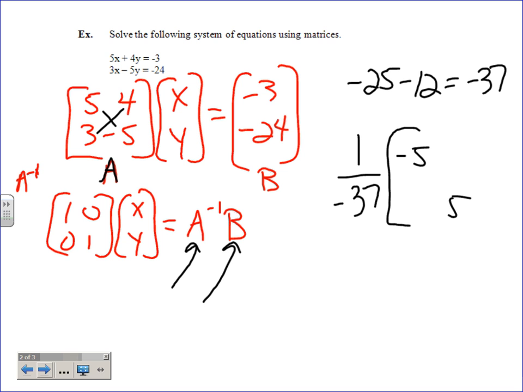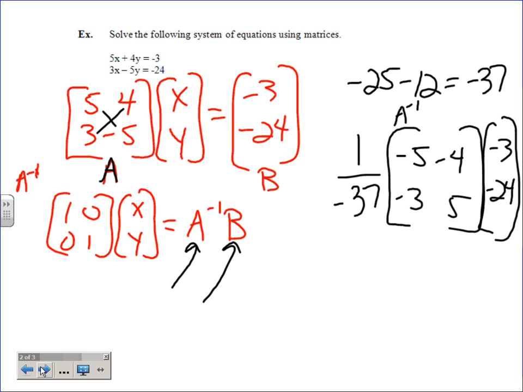What about the negative diagonal? What is that right there? The inverse of A. So that's A to the negative 1 right there. So I have to take that times B, which is right there. Now, you have two choices at this point.